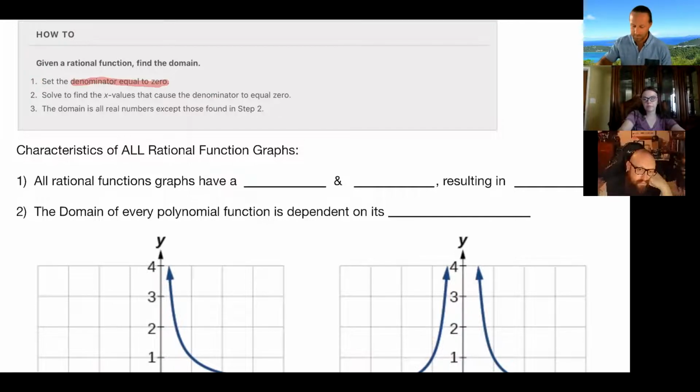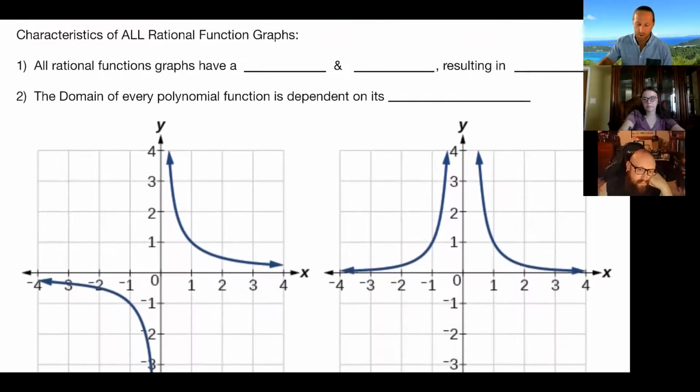We've already talked about this before, we've already done this before, but now we're going to get into more detail. So we want to know what are the characteristics of all rational functions. Well, remember the key word there is ratio, and a ratio is a fraction, and therefore all rational functions, their graphs have what are called a numerator and denominator, those functions and their graphs that we're going to be dealing with here in a minute.